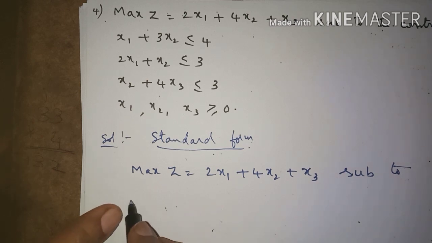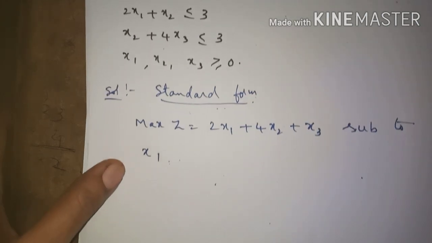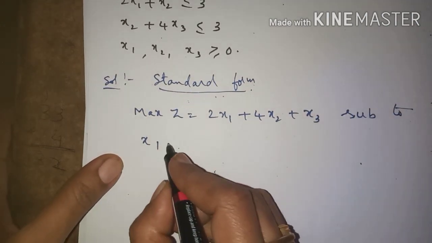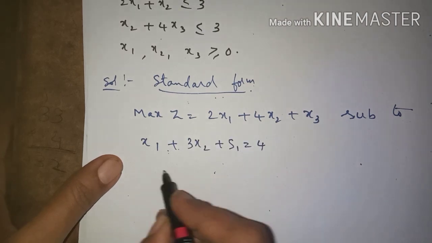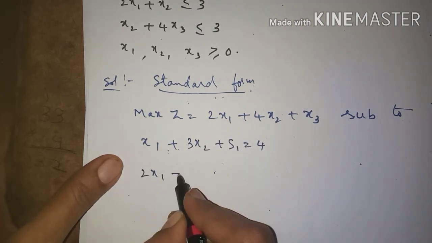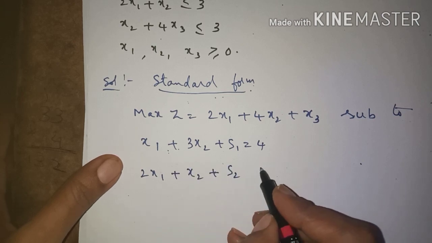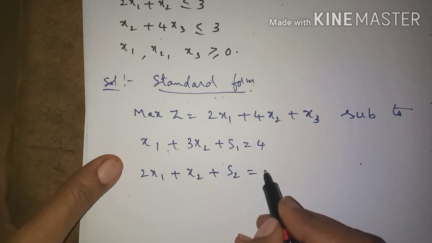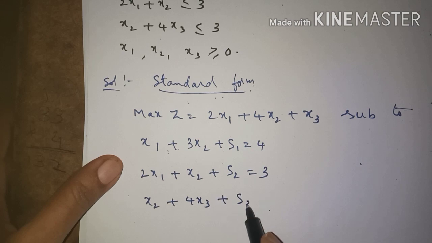We will write the first constraint: x1 plus 3x2 plus s1 is equal to 4. The second one: 2x1 plus x2 plus s2 is equal to 3. Third one: x2 plus 4x3 plus s3 is equal to 3.